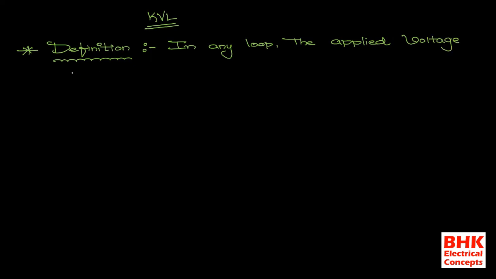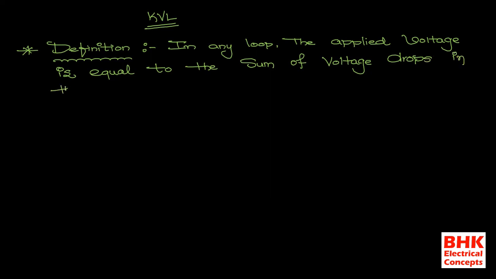So what is the definition of KVL? The definition of KVL is: in any loop, the applied voltage is equal to the sum of voltage drops in the loop.